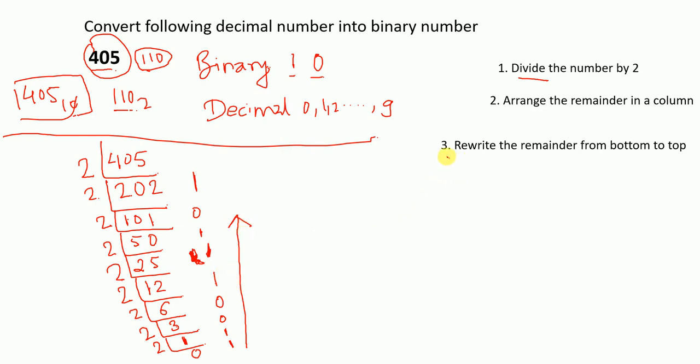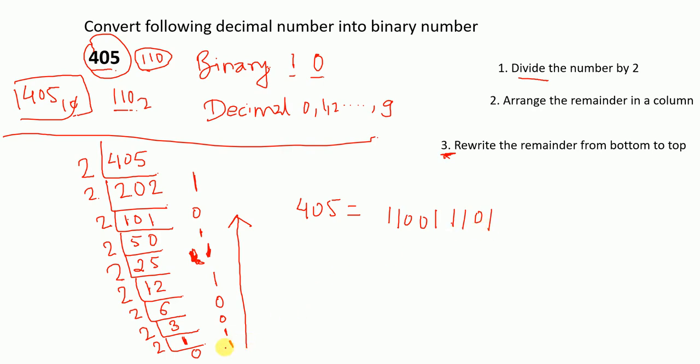Look at this point number 3. To convert a decimal number into a binary number, we need to rewrite the remainders from bottom to top. So 405 will be equal to 1 1 0 0 1 1 1 0 1.